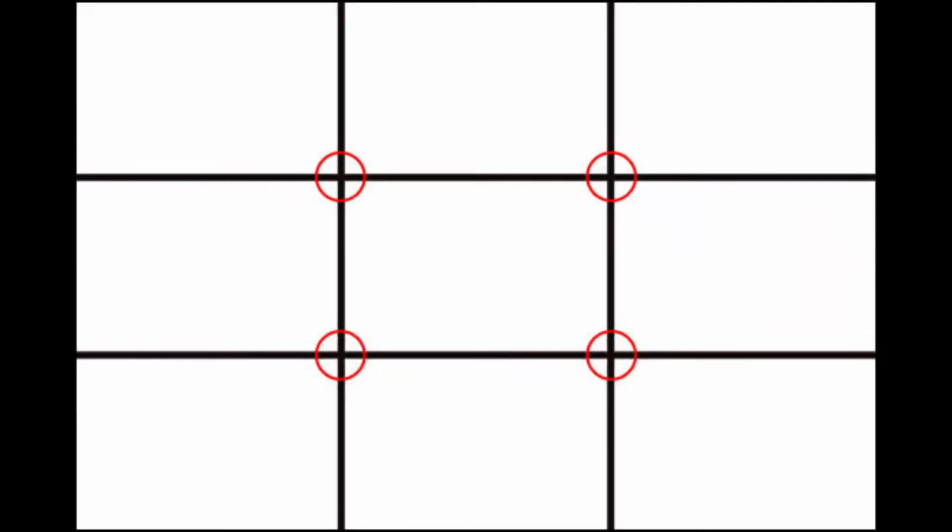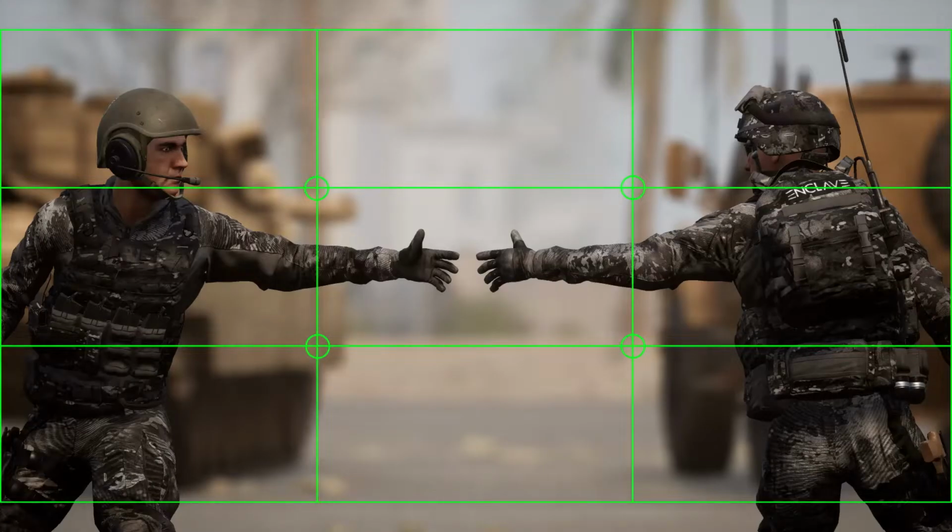Okay, so jumping into the actual world of composition, we're going to talk about the rule of thirds. The rule of thirds is a grid that has been proven to produce some great artworks if you create them in relation to that grid.